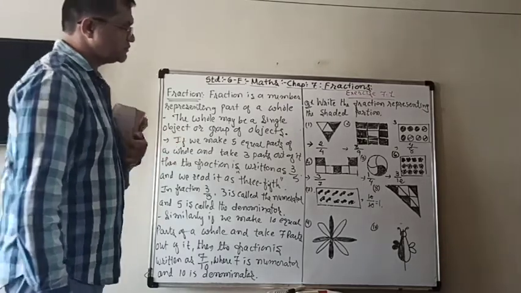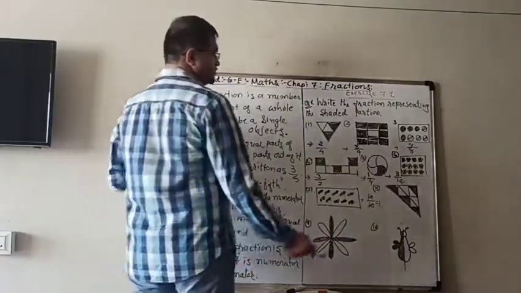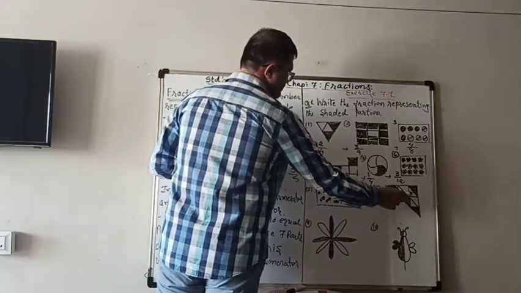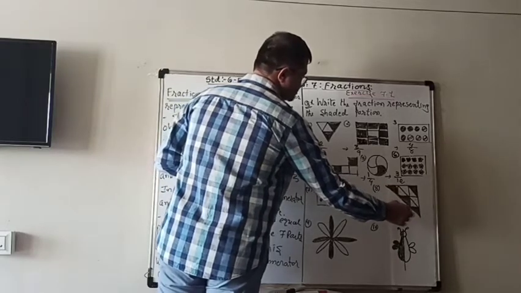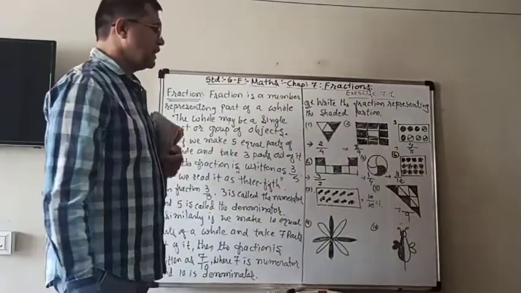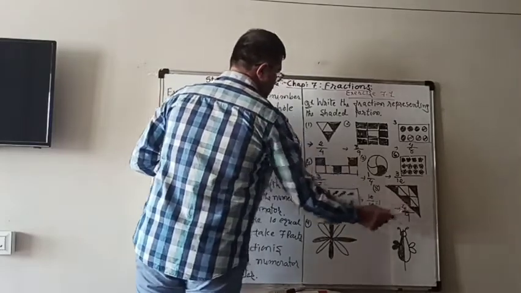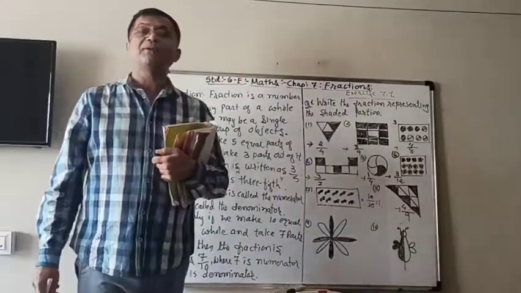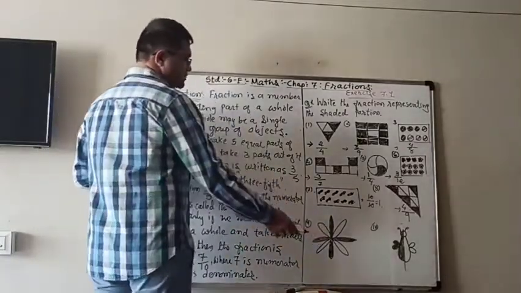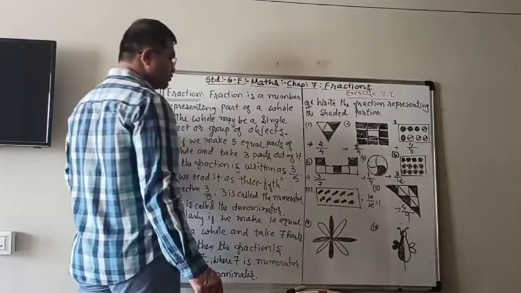Then in the next one, you can see that this figure is divided into 1, 2, 3, 4, 5, 6, 7, 8 and 9 equal parts. So 9 will be in the denominator. Out of 9 parts, 1, 2, 3 and 4 parts are shaded. So the fraction is 4 upon 9. Here you can see that 1, 2, 3, 4, 5, 6, 7 and 8, 8 equal parts are there.